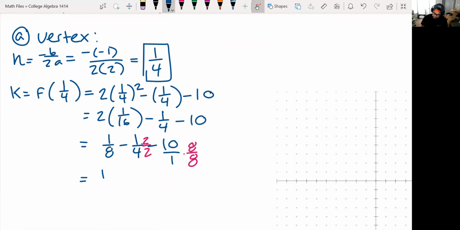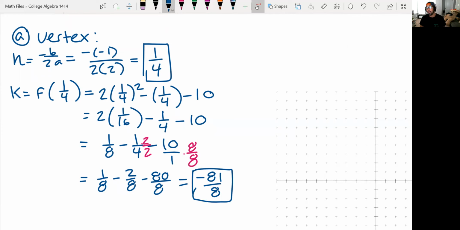And we get 1/8 minus 2/8 minus 80/8. So 1 minus 2 is negative 1/8, and negative 1 minus 80 gives me negative 81/8, and there's our vertex.